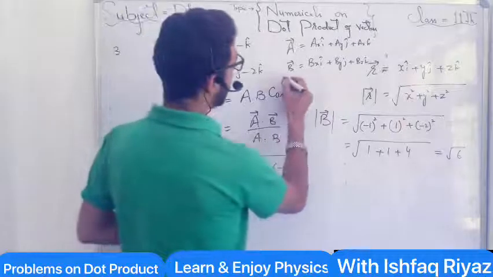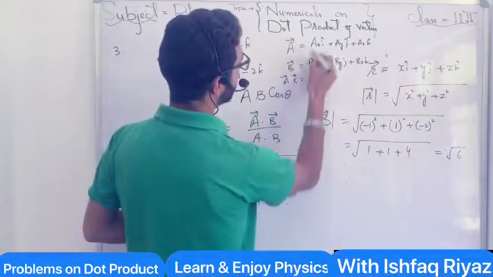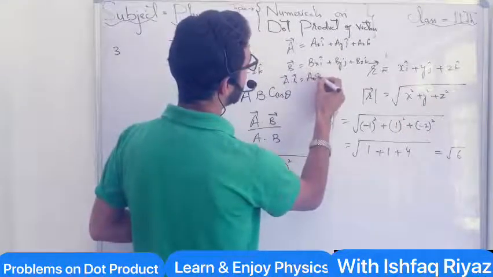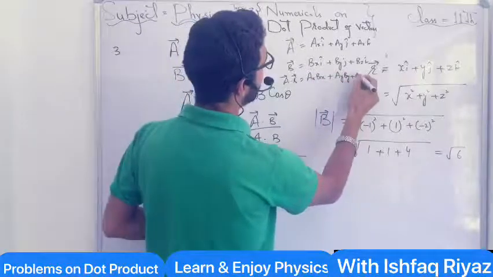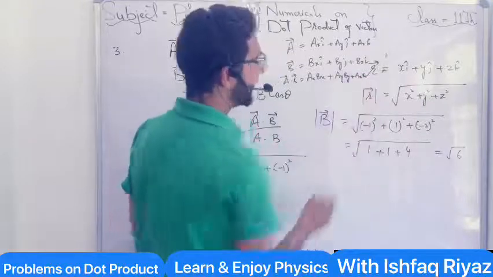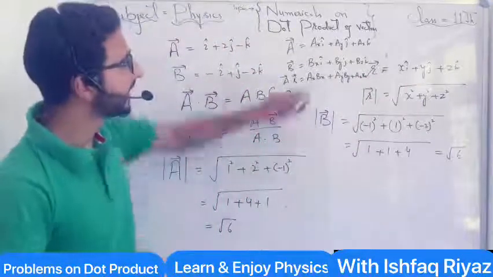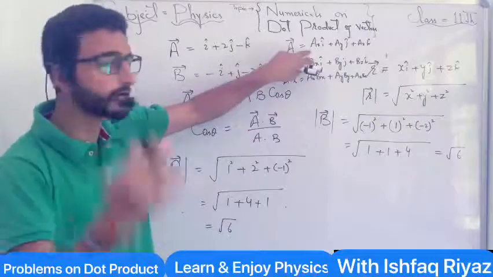Simply A dot B is given by AX BX plus AY BY plus AZ BZ.